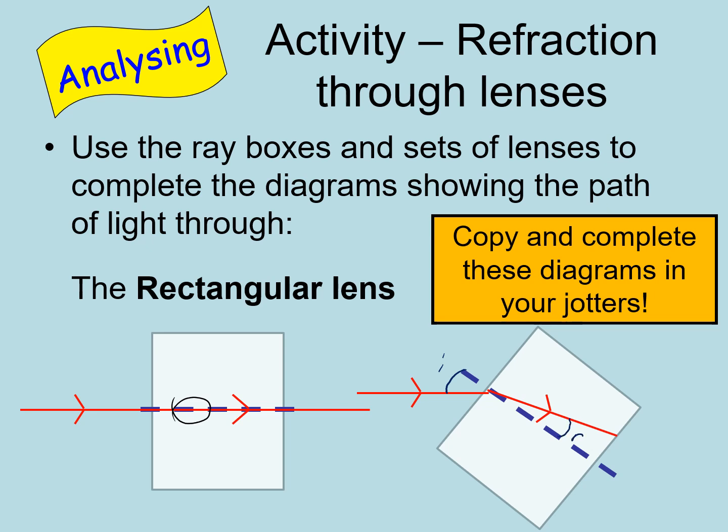And then when the light comes out of the block, it speeds up again, producing another line, and these two lines here are parallel with each other. So the light goes into the block, slows down, speeds back up again when it comes out. Both of these are showing refraction, but only one of them is showing a change in direction.